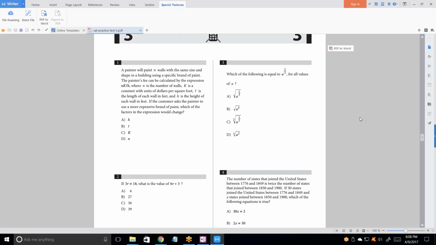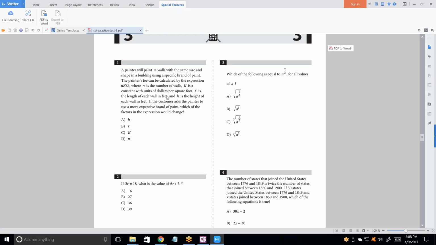About K. K is a constant with units of dollars per square foot. Ooh, that would change. So for every square foot that I need to paint, K is a constant, and if I want a more expensive paint, K is going to be increased. In other words, that's the thing that would go up.